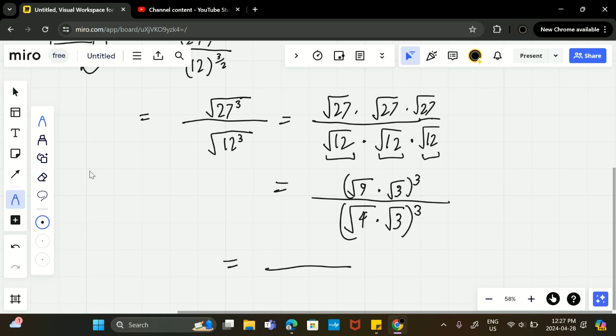So, just simplify these roots. So 2 and 3. And remember that this exponent applies to both of these terms, okay? So this to the power 3, this to the power 3. Oh, whoops.